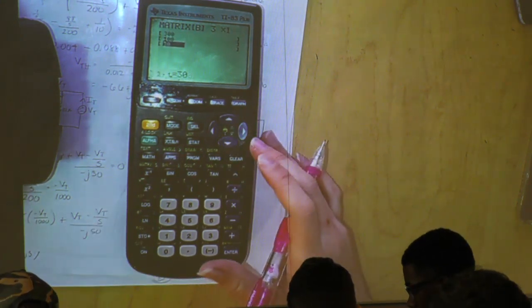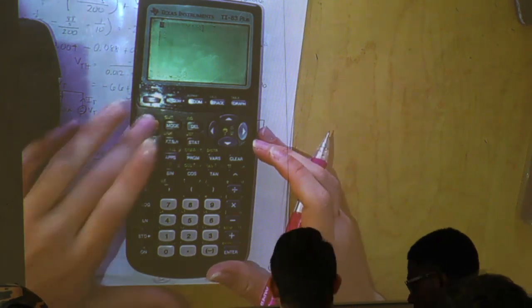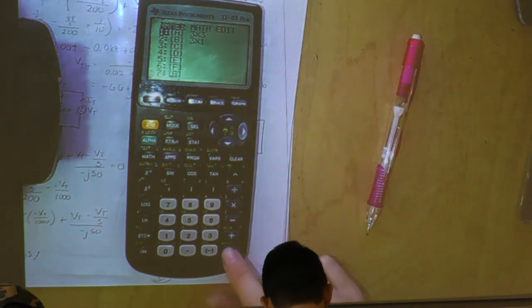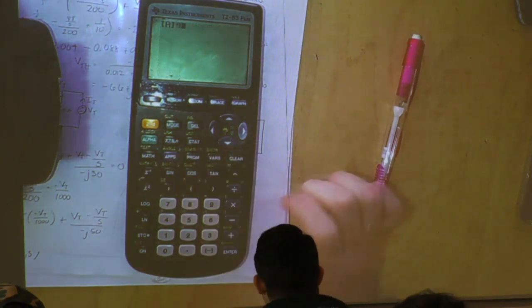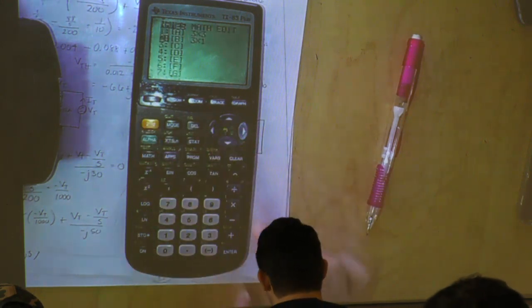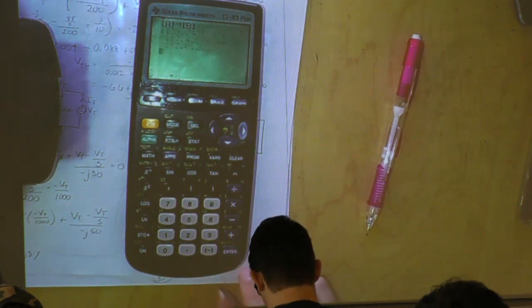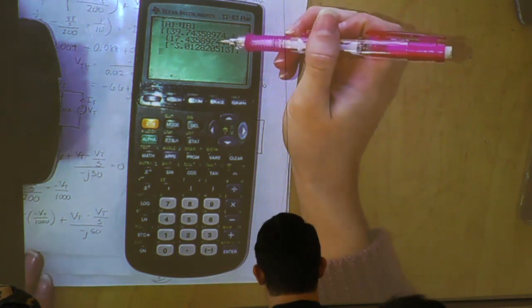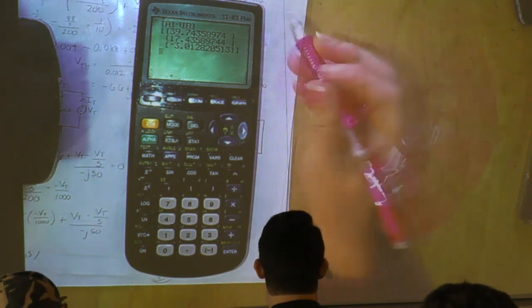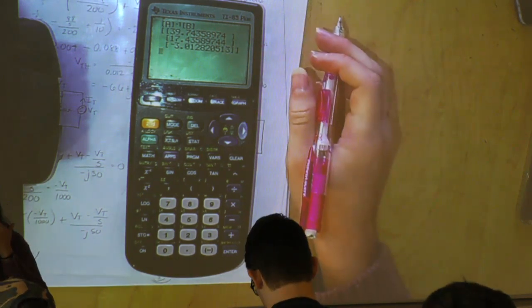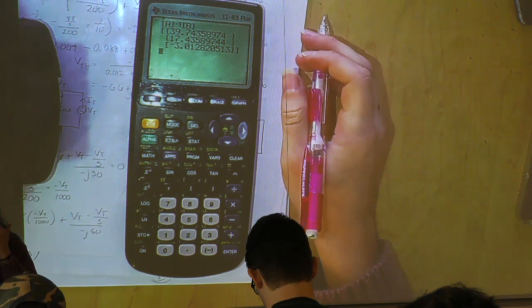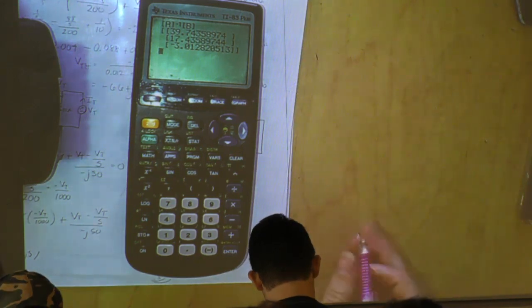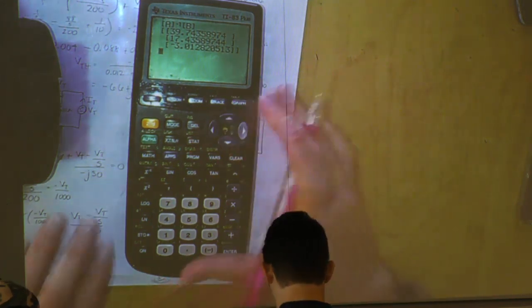You want to keep them in the same pattern. To get the answer, you use your A to the negative 1 times your matrix B. And then this is your V1, V2, and V3. Okay, this is how I do it. I was just showing.